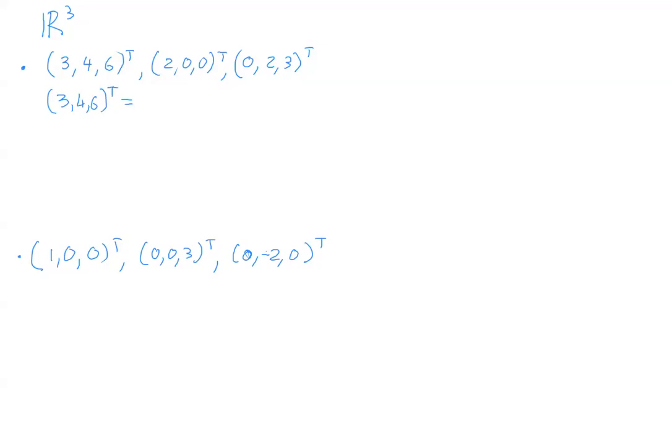I could put lambda and nu, but since eventually these are going to be unknown numbers, I might as well put x and y. So is it x times (2, 0, 0) plus y times (0, 2, 3)? Can we find x and y so that this is true?